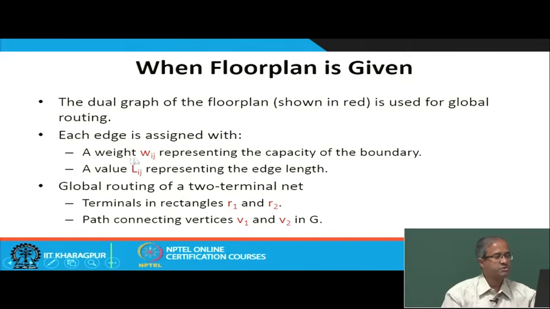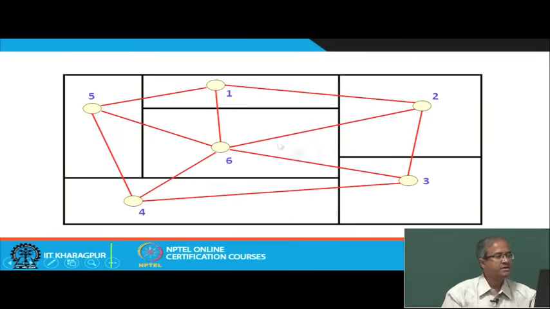The idea is as follows: for every edge you can define a weight that represents the capacity of the boundary. If the blocks are of a shape like this, this is quite a long boundary, which means a number of connections are possible between these two. So, I can have a higher weight for this edge.